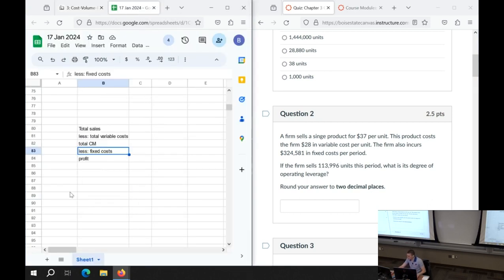So let me just chart out the whole company. This is a CM style income statement. And this is our DOL problem. And so we have 37, we have 28, we have the difference between those two. That's our unit CM.